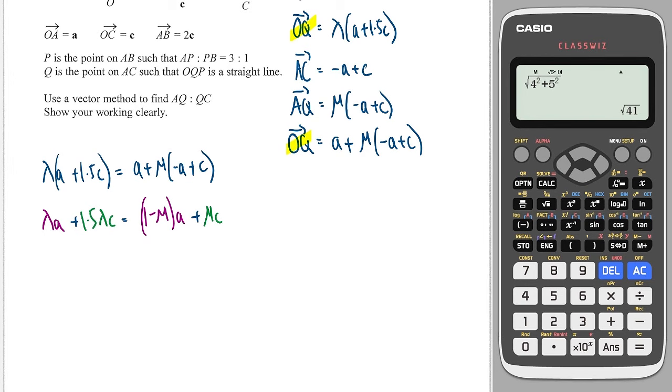Okay, great. Let's look at the c's first. This tells me that 1.5 lambda is going to equal mu. And then let's look at the a's next, and that tells me that lambda is going to equal 1 minus mu.